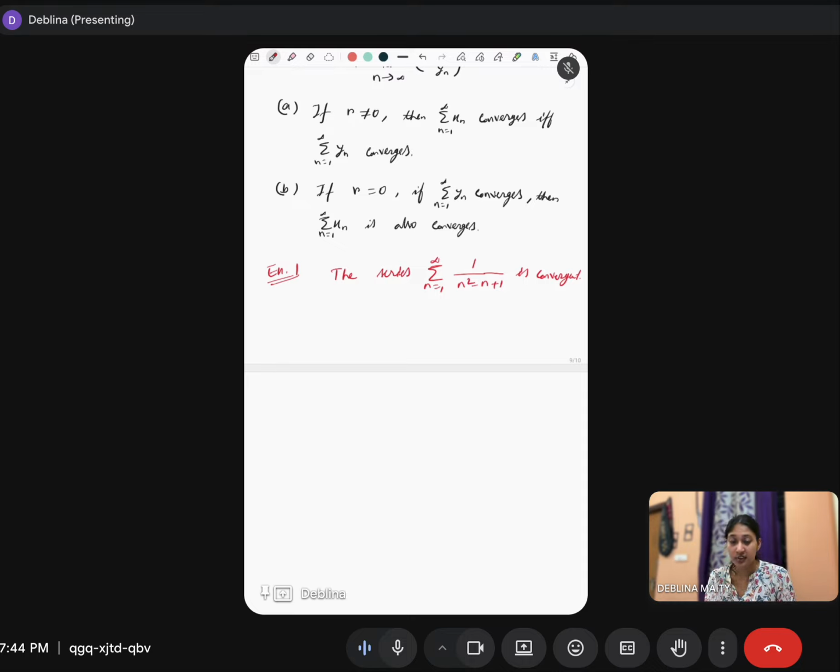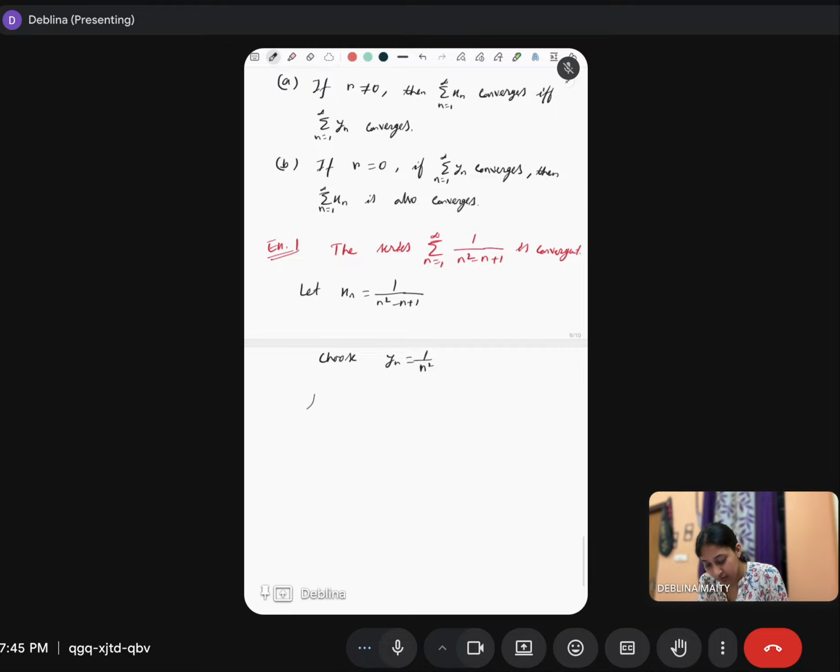So we'll use the comparison test or the limit comparison test. We have to choose two sequences. Let xn be 1 by n squared minus n plus 1, and choose yn to be 1 by n squared, right?